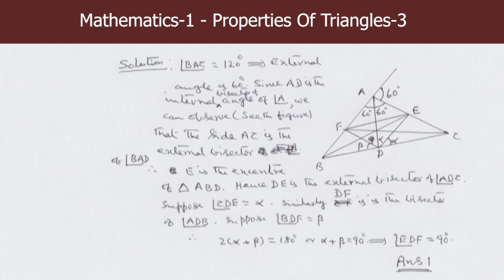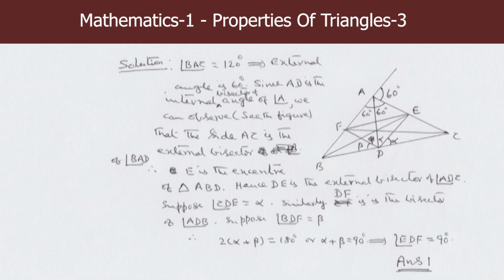Hence, DE is the external bisector of angle ABC. External bisector of the bisector of angle C. Please go back. So the side AC is the external bisector. So therefore, E is the excenter.